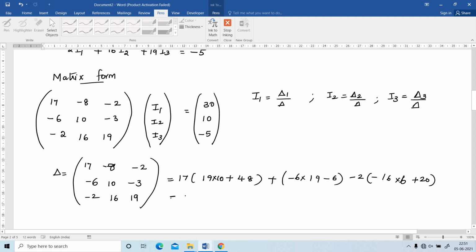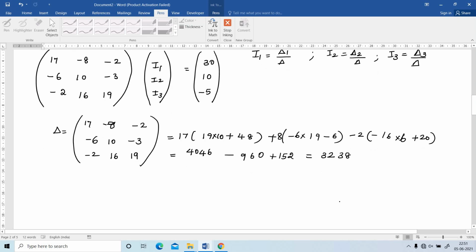The value is equal to 4046 minus 960 plus 152, that is equal to 3238. This is the value for delta.